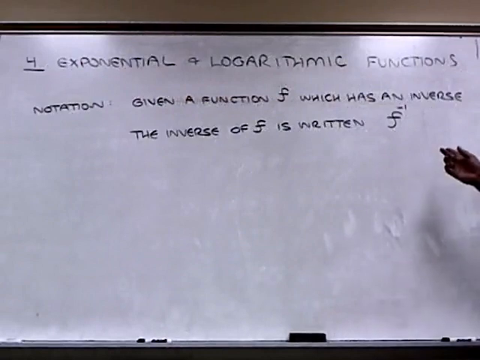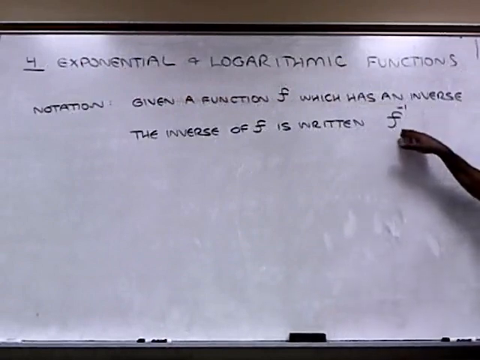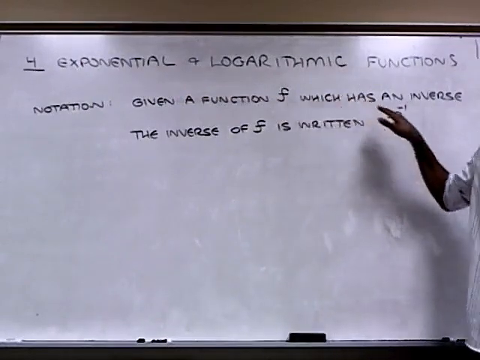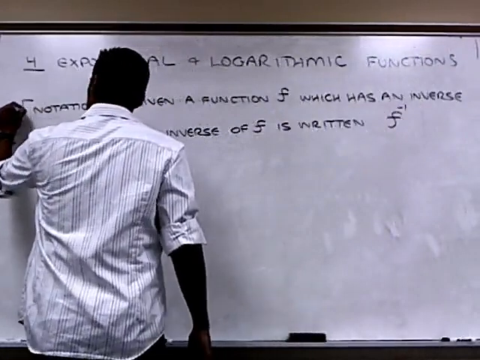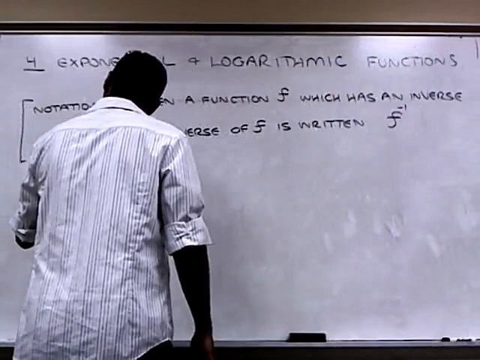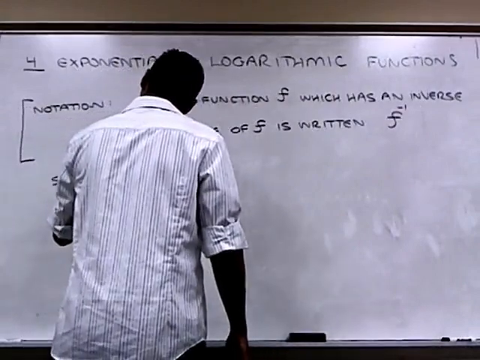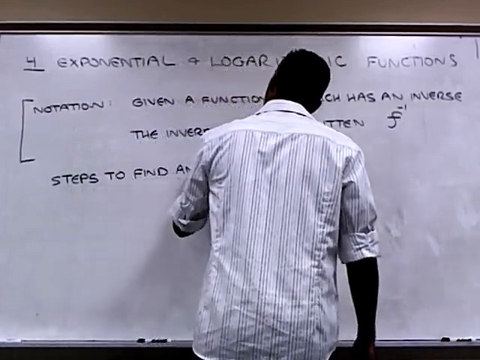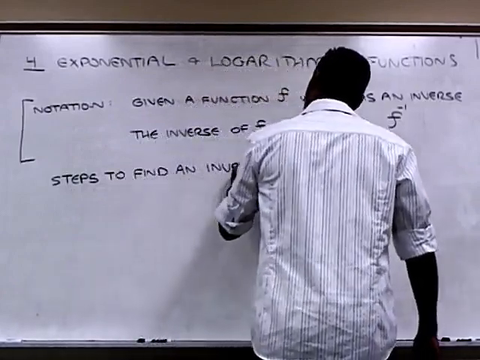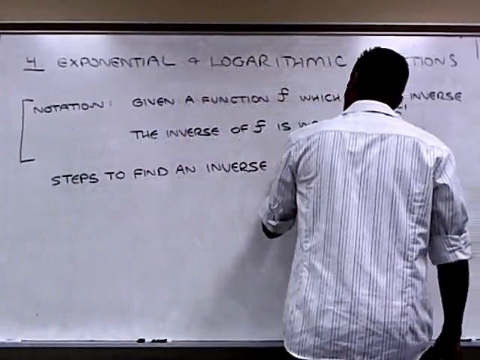So the question becomes, how do we find this, right? If you have a function that has an inverse, how would you find its inverse? Steps to find an inverse algebraically.